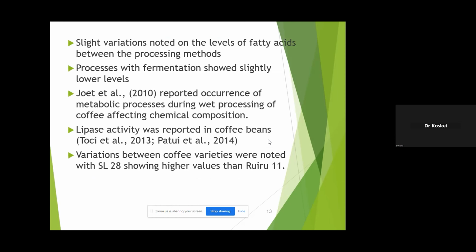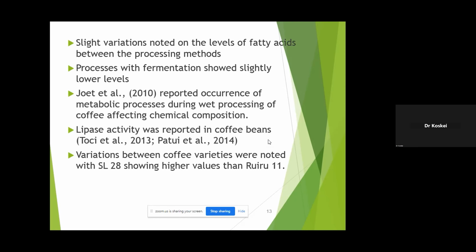So we noted slight variation in the levels of these fatty acids between the processing methods, with the processes with fermentation showing slightly lower levels compared to the ones without fermentation.